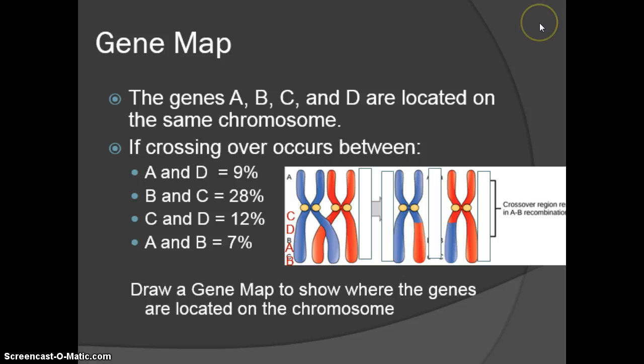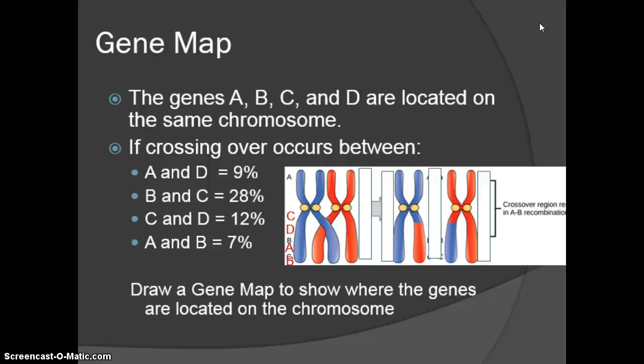That way, when we're looking at those dihybrid crosses, those Punnett squares, we can see, wait, why would we not get the probability that those are going to predict for us? A gene map gives us a little bit of information to say, oh, okay, these are located close together, so when that crossing over occurs, they're generally going to be linked together.